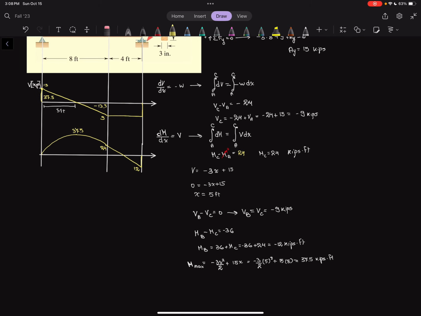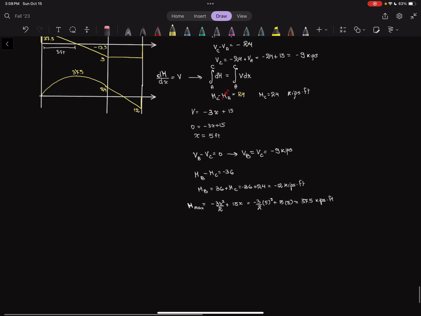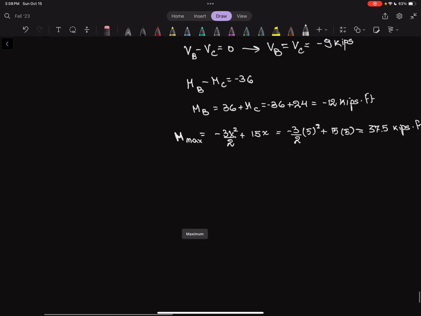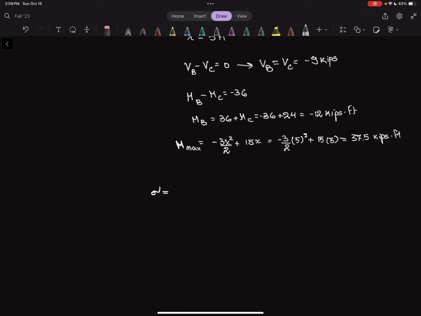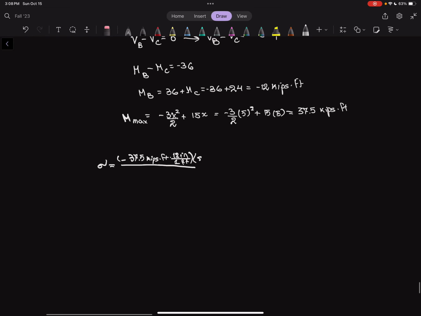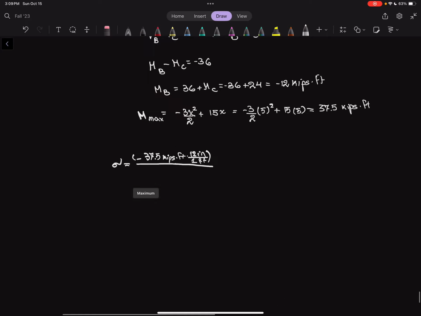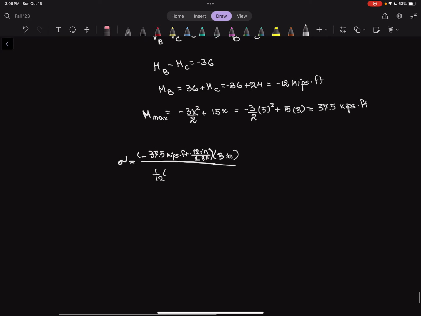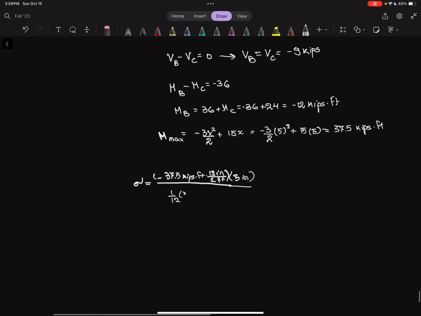37.5. And so now we can find the max normal stress because we have the cross section. So that's going to be minus 37.5 kips times feet times 12 inches in 1 foot. The max distance from the centroid is going to be 5, because it's symmetric, and then we have 1 over 12 times 3 times 10 to the third for the moment of inertia.